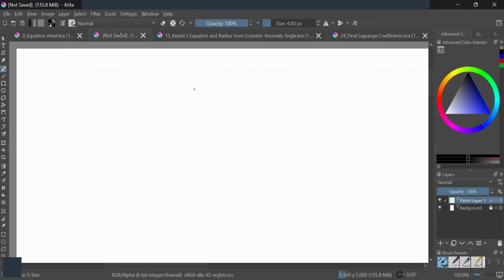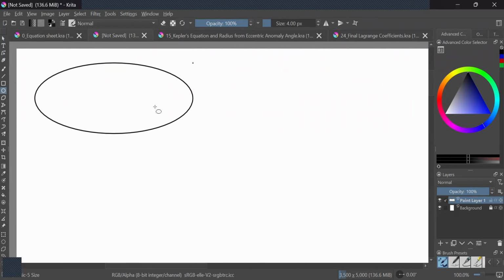So, really quick, let me set up a diagram. So we have the Earth, we have a vacant vertex, and we have the center of the orbit. This distance is a times e.